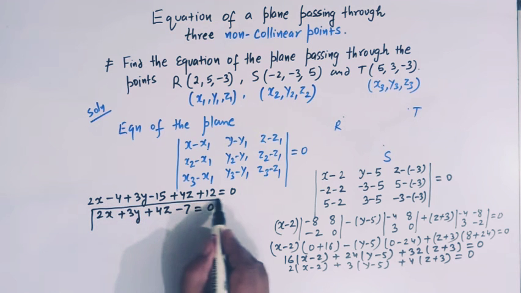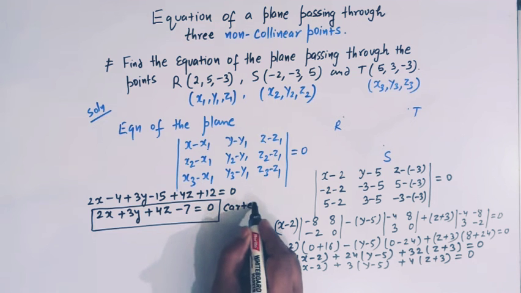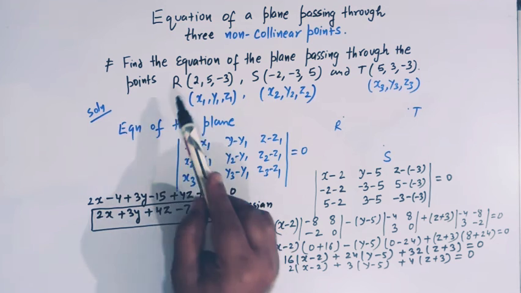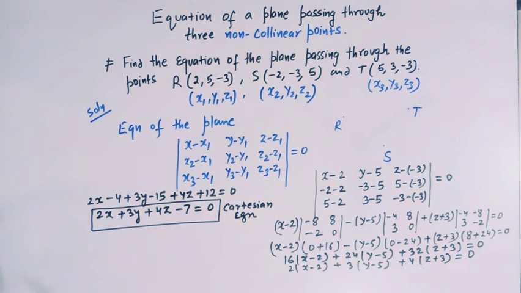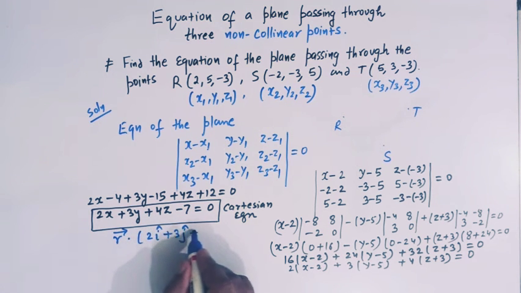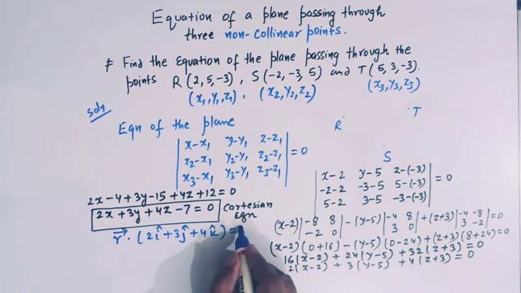So viewers, this is the Cartesian equation of the plane which passes through these three non-collinear points. If we want to convert this Cartesian equation into vector form, we can write it as vector r dot (2i cap plus 3j cap plus 4k cap) equal to 7.